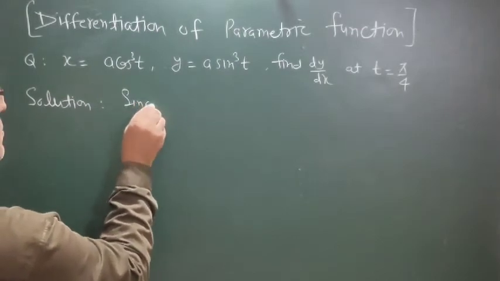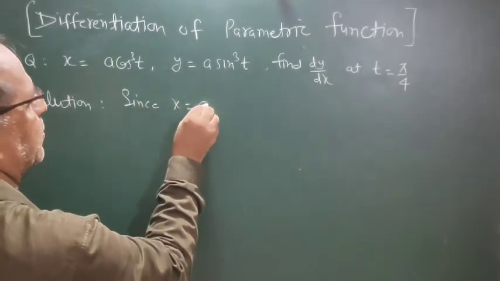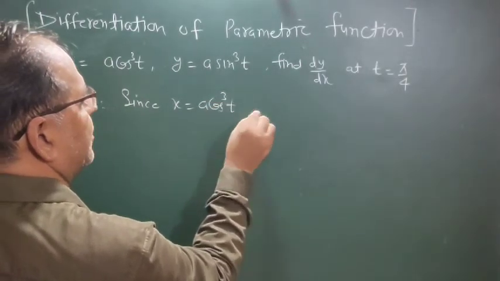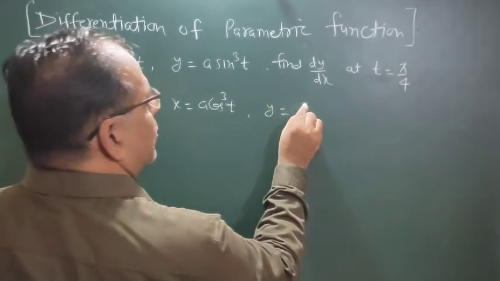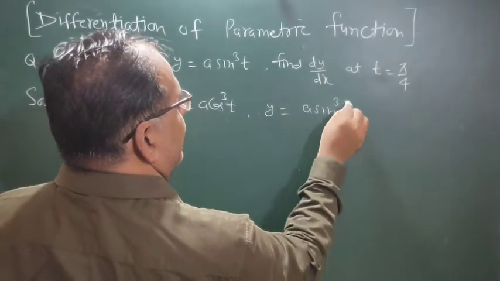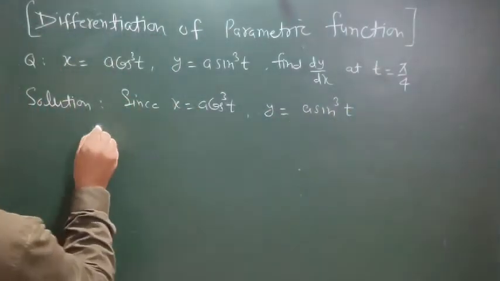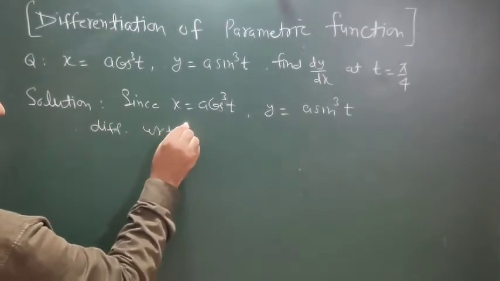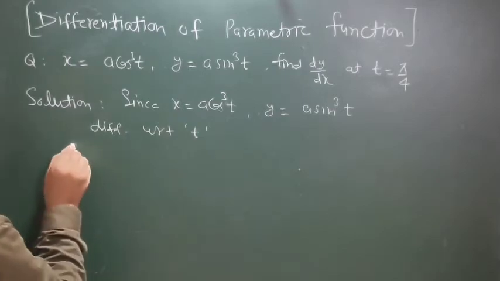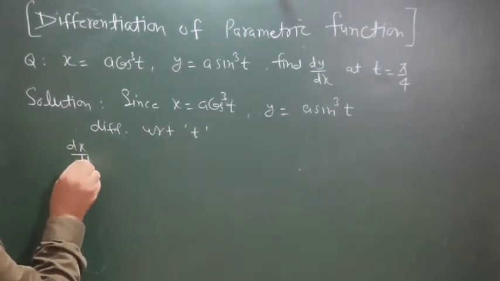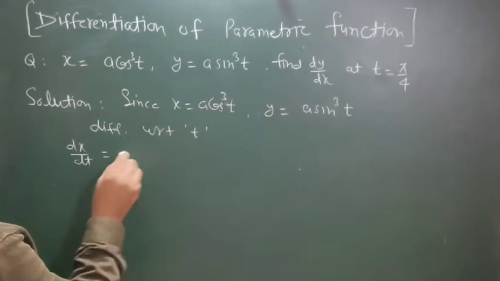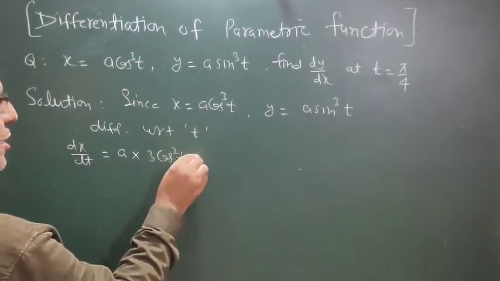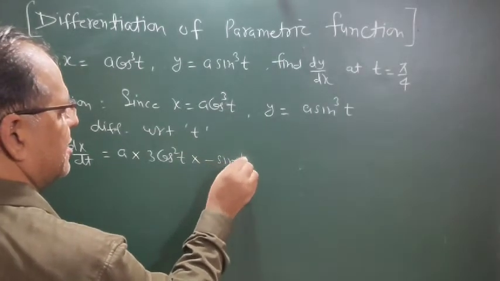Since x equal to a cos cube t, y equal to a sin cube t. Here the parameter is t. So now we differentiate with respect to t. Now we have dx over dt. The derivative of a cos cube t can be written as 3a cos square t, and the derivative of cos t is minus sin t.